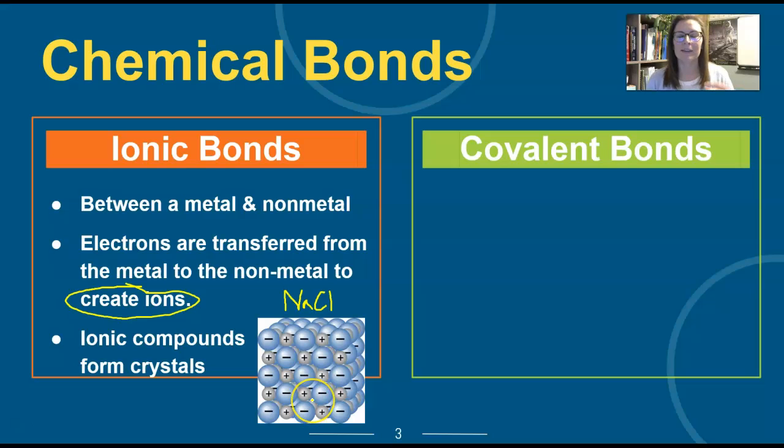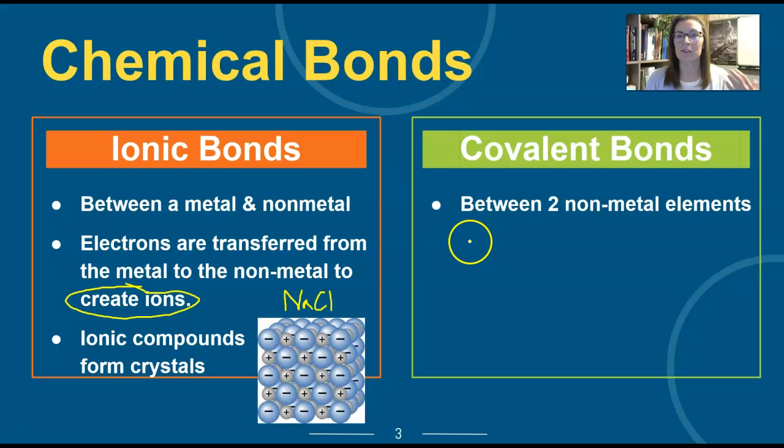But because opposites attract, these sodium and chlorine ions, they form a big cluster and we call these crystals, right? So covalent bonds, on the other hand, form between two nonmetal elements.